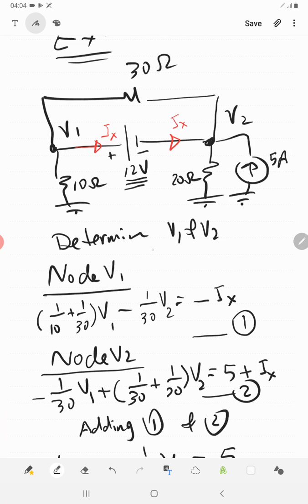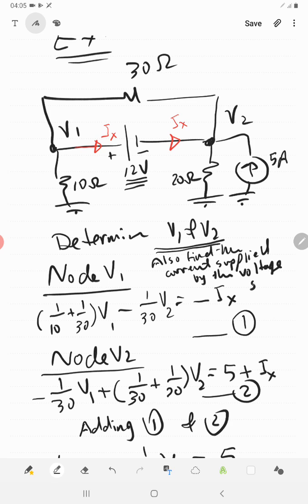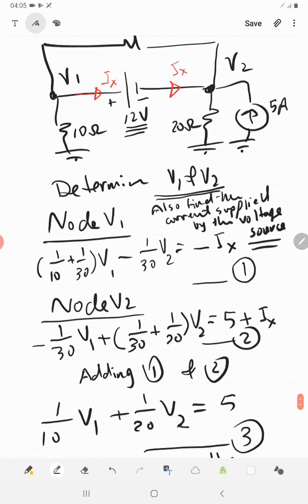And if we add here also, find the current supplied by the voltage source, which means this Ix equal what?